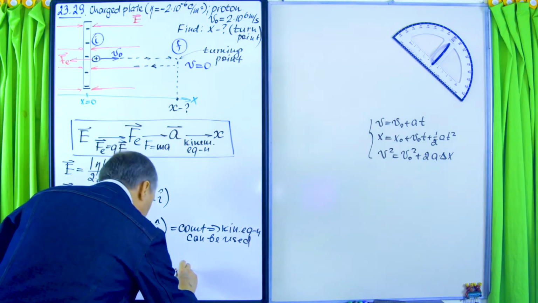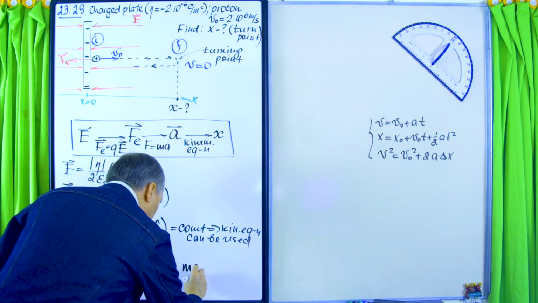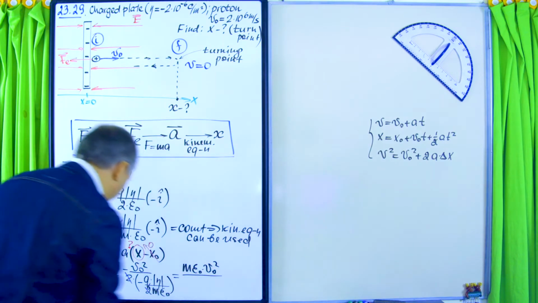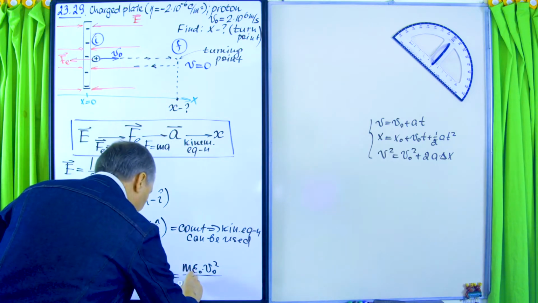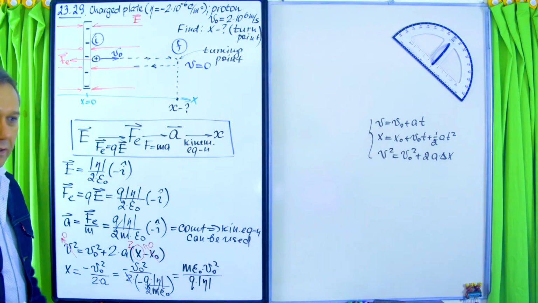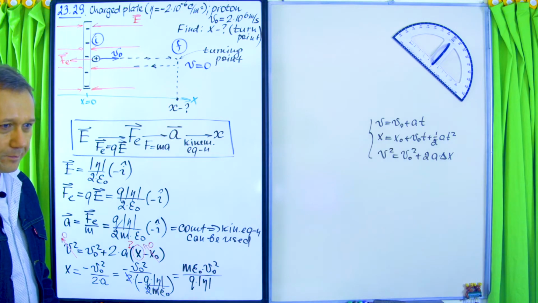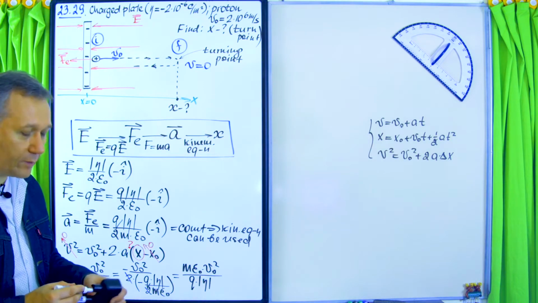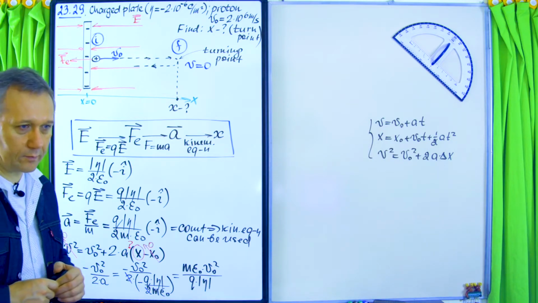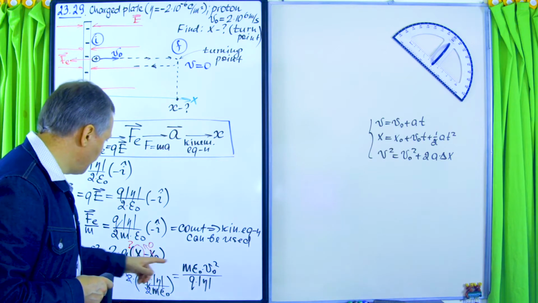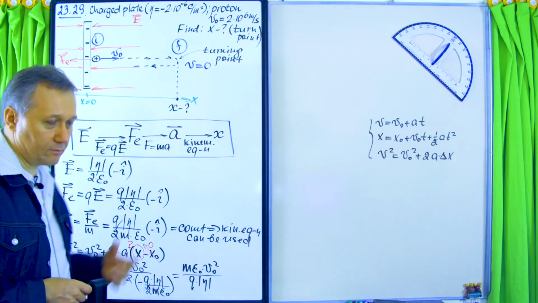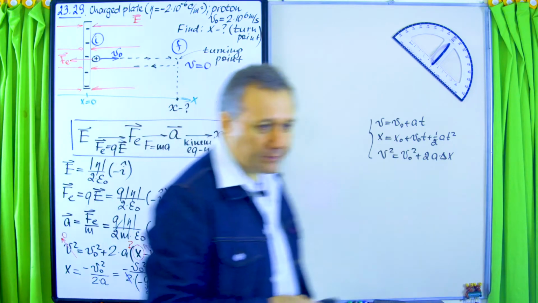So it will be m epsilon naught v naught squared divided by q and the absolute value of the surface charge density. m is the mass of the proton. Don't use by mistake the mass of an electron, right? And charge, yeah, charge is the same as an electron, but positive.